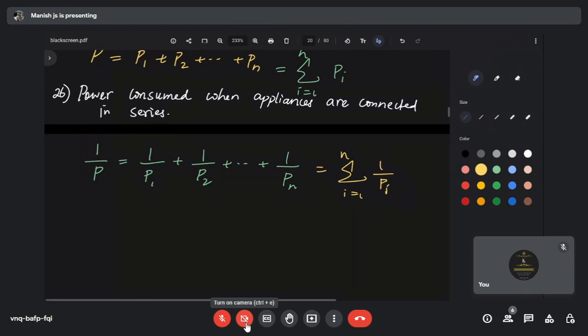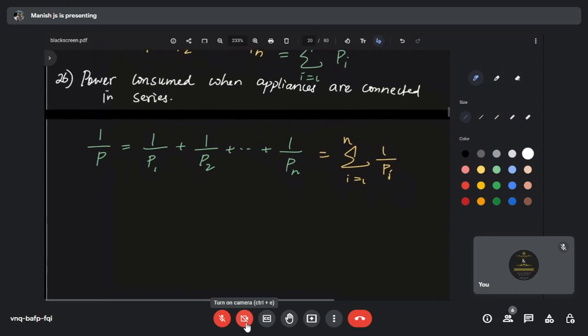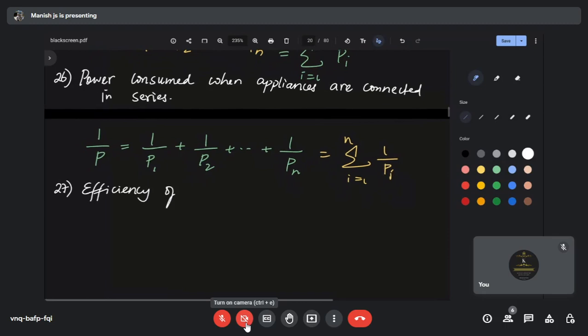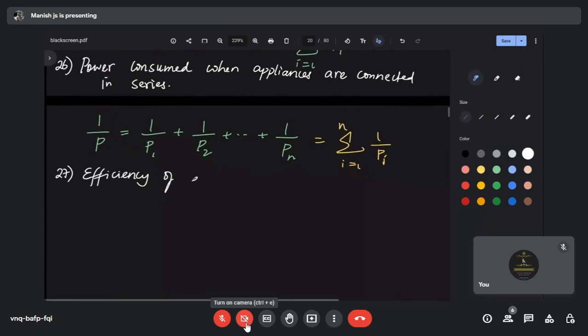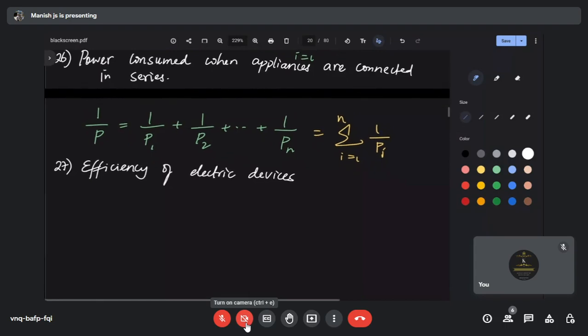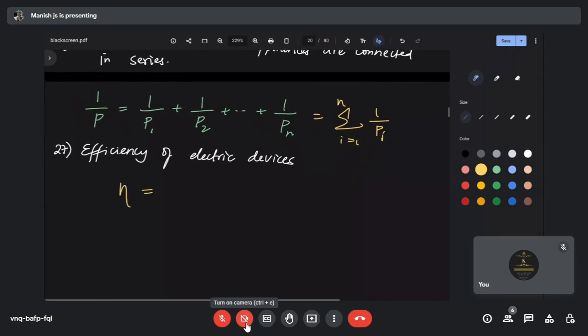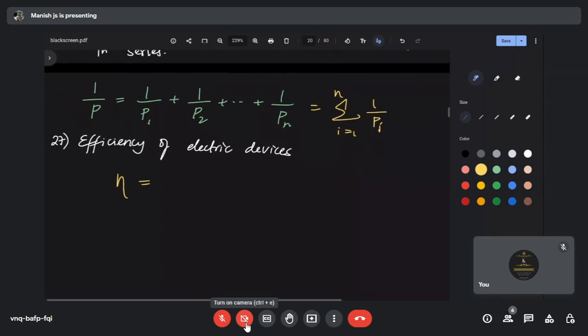And then we have efficiency. Next we have the efficiency of electric device. The efficiency is given by the Greek alphabet eta, wherein eta can be expressed as the ratio of output power to input power.